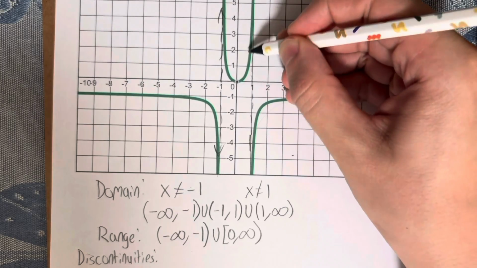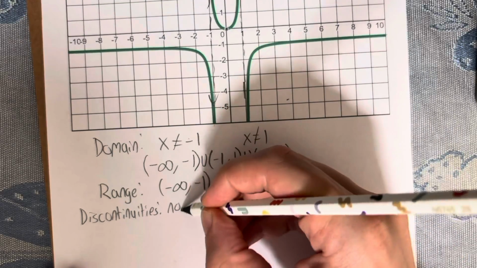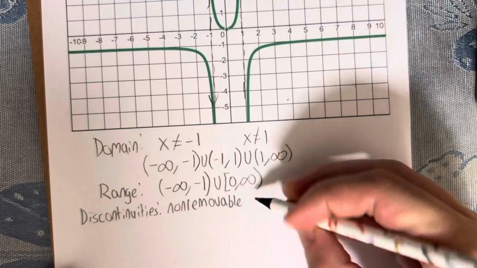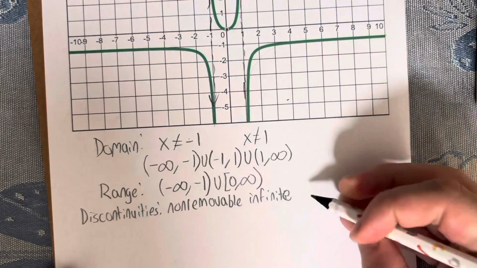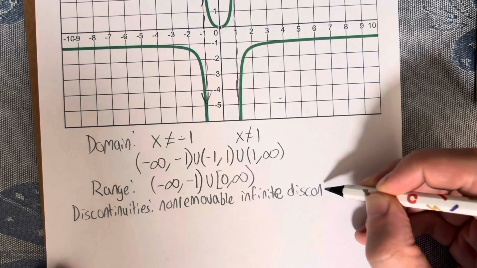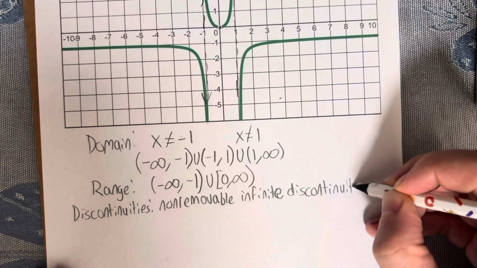Those gaps are discontinuities. Particularly, they are non-removable infinite discontinuities. Non-removable because they cannot be fixed by just adding one single point, one single pair of input-output values. So they are non-removable infinite discontinuities.